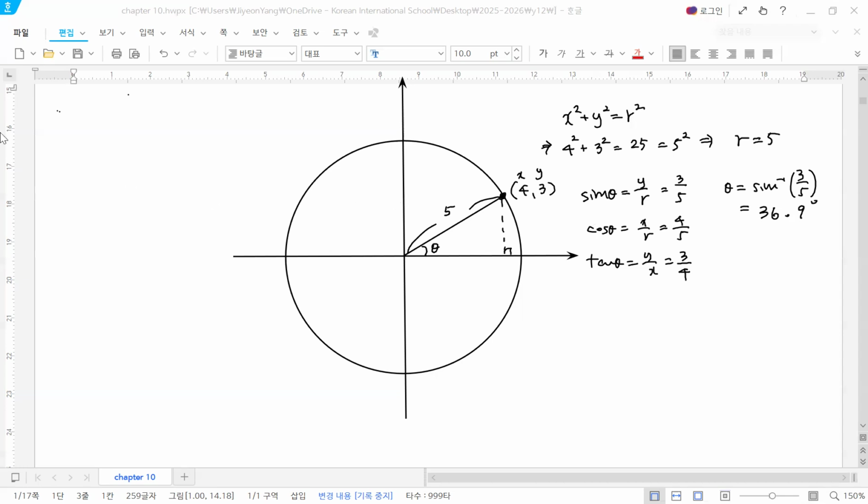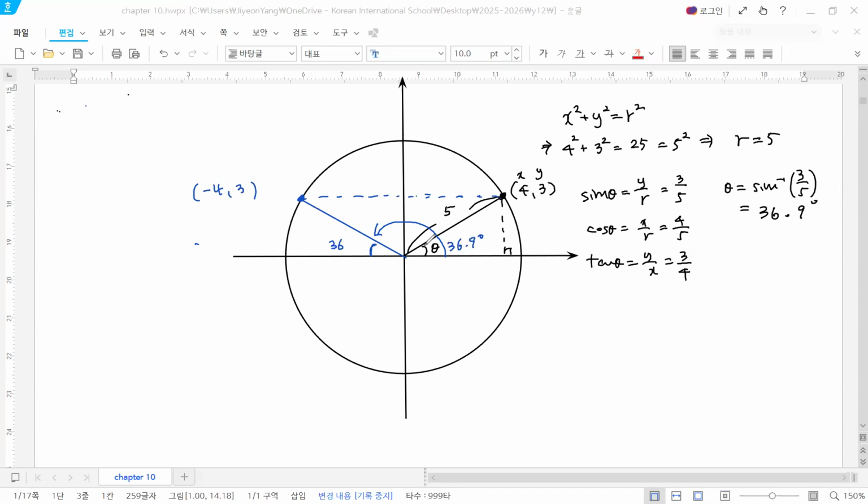Okay, then let's move this line. I am going to choose a coordinate reflected by the y-axis, which is negative 4,3. Then we can draw a line joining the origin and this coordinate. Then theta can be measured from here to here.